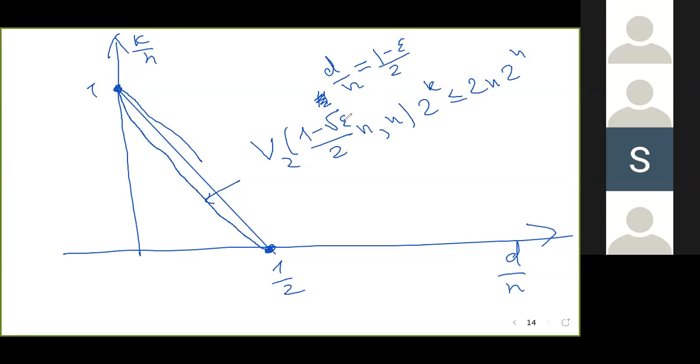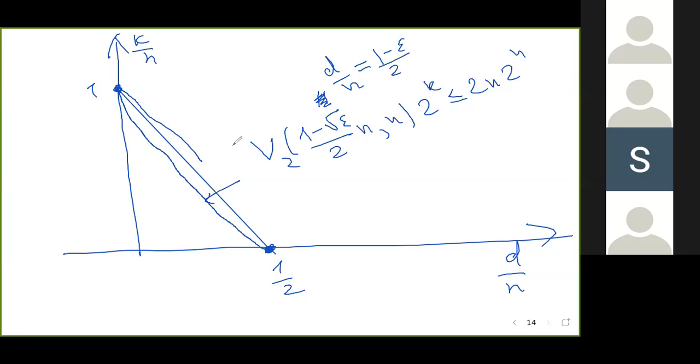So for epsilon equal to 0, we obtain this point. If epsilon is 0, then this is 1/2. So the volume of the ball is about 2 to the n, and so we obtain k over n equals 0. If epsilon is 1, then d over n is 0, and this will become also 0. So this is negligible, and we will obtain just that k is at most n.